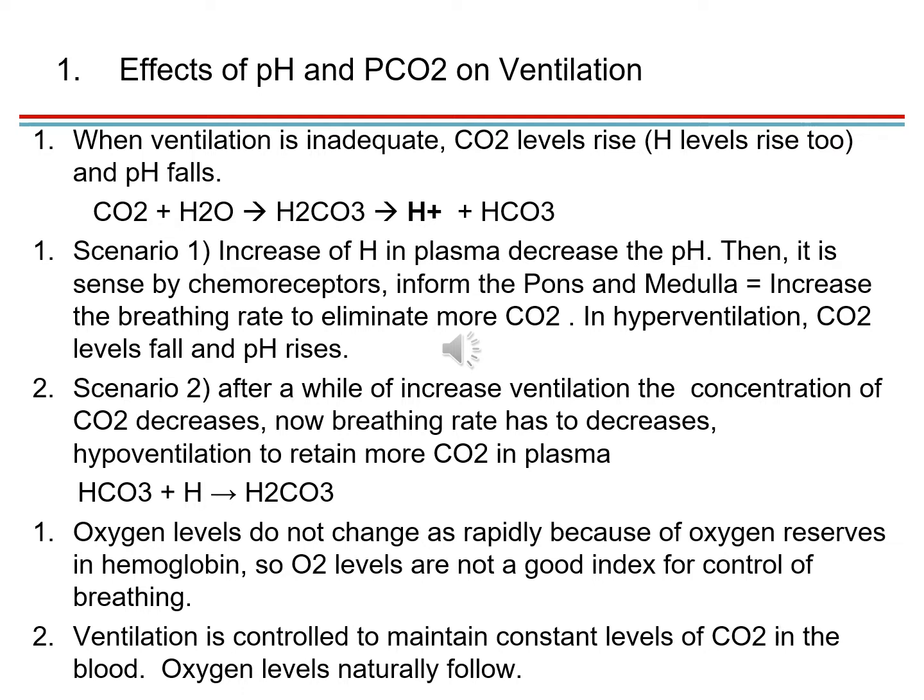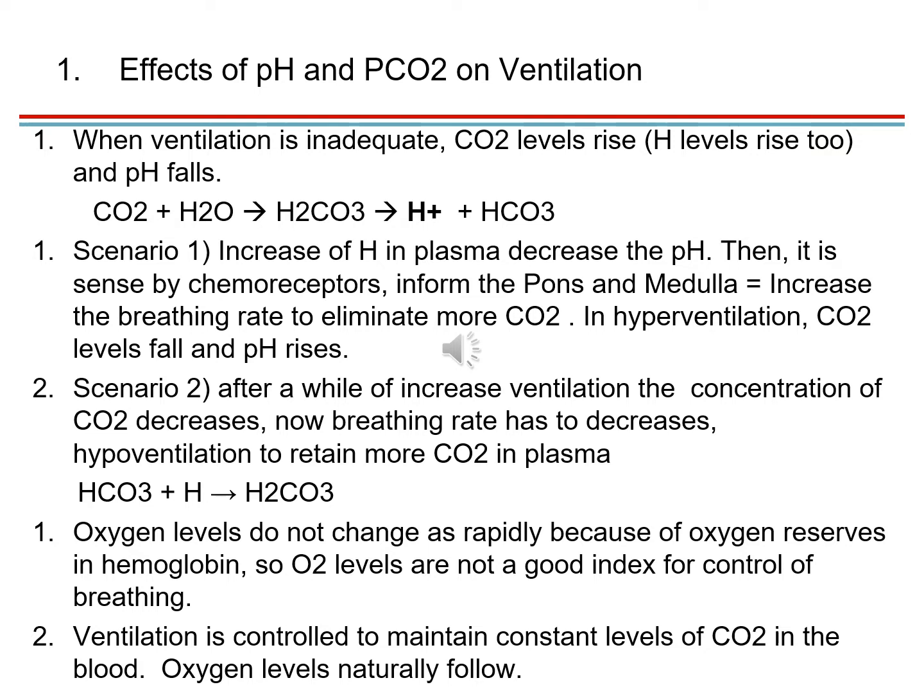Now, what is the reaction that takes place? And how are we going to retain more carbon dioxide? On the opposite way, in order to retain more carbon dioxide in plasma, we reduce the breathing rate. We produce hypoventilation. Now, in hypoventilation, the chemical reaction is that the bicarbonate is absorbing hydrogen.